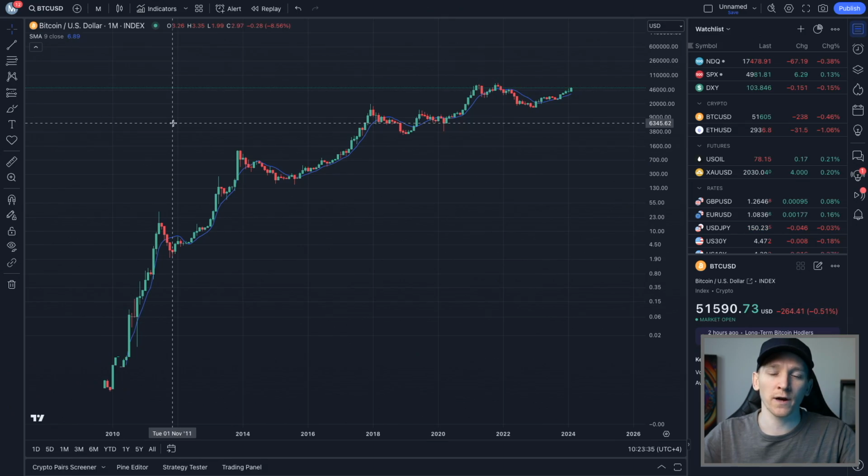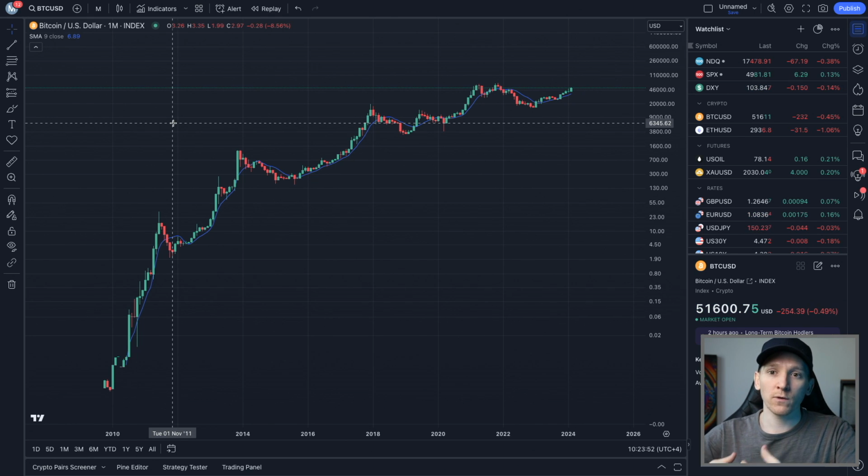A quick tip here on dollar cost averaging and recurring buys as well. If you really aren't a trader and you're just looking to allocate to crypto because you think it's going to go higher, dollar cost averaging is the process of trying to get your cost basis, so the price that you buy at, not beating the market, but just with the market.